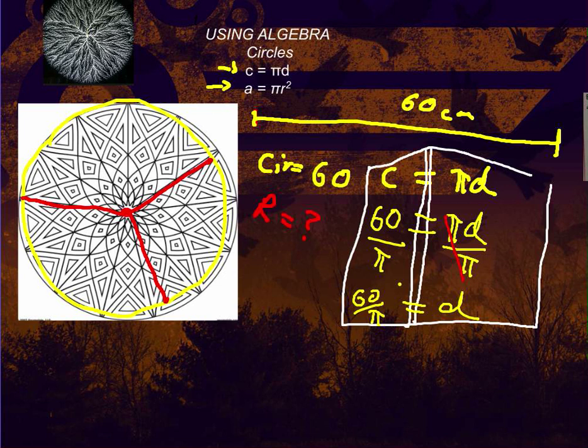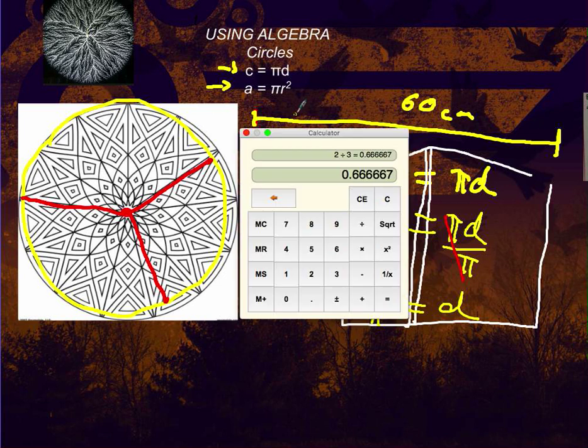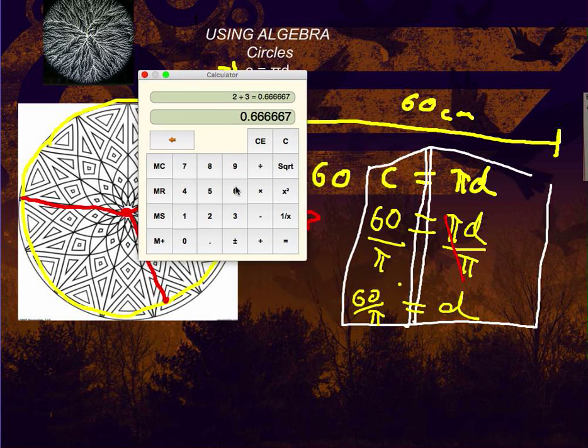So let me bring up my calculator. We know that 60 divided by 3.14 equals 19.10. So 19.10 equals d.